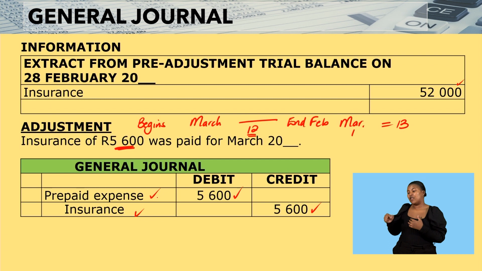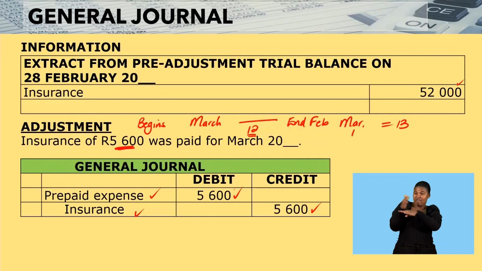You have to understand, the moment you have paid an expense in advance, that amount belongs to us as a business, so we consider it an asset. Hence prepaid expense is debited. Insurance is an expense which was initially debited, but the moment we have prepaid, we credit it to decrease the insurance account. You see this clearly when we do the general ledger.